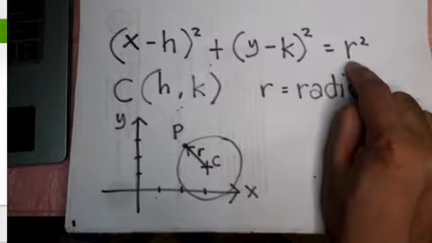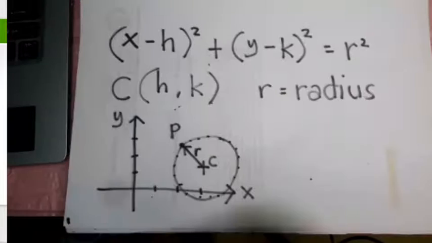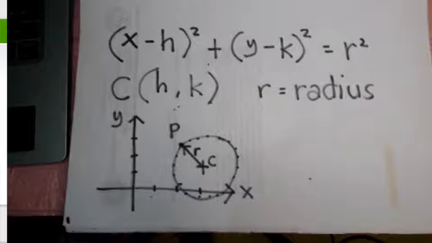So there are 3 important characteristics: center, radius, and point P. Point P could be at any point here. Any point in the circle is point P. So that is what we mean by standard.